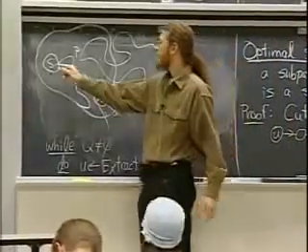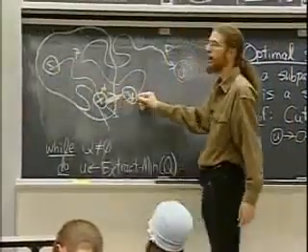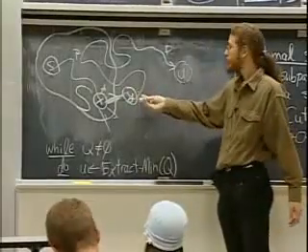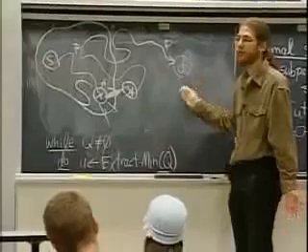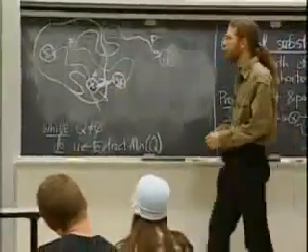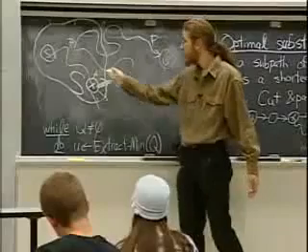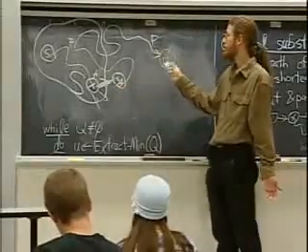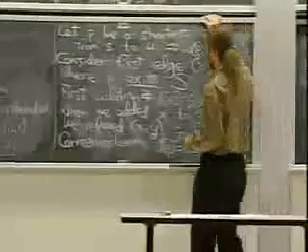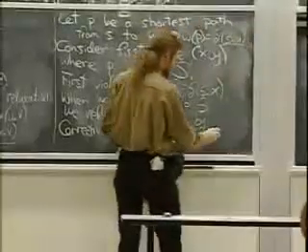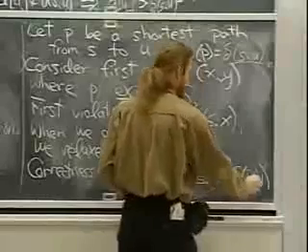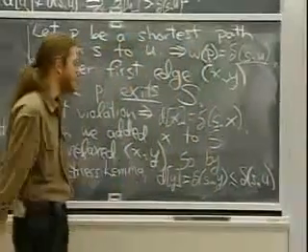But what do we know about this shortest path from s to y? It could only be shorter than from s to u, because it's a subpath of a shortest path. The shortest path from s to y has to be less than or equal to the shortest path from s to u. Just because it's a subpath.